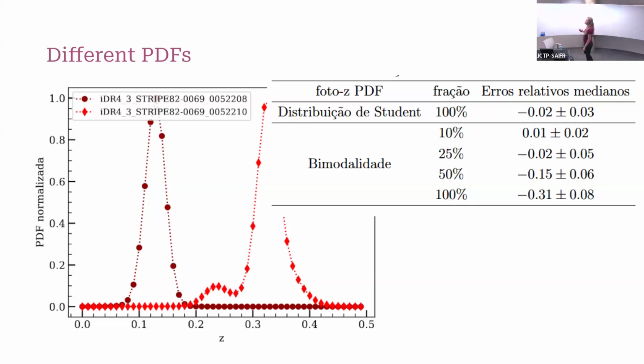For the larger wings, we use a Student's t-distribution. And we found that even if all the galaxies are affected by this behavior, we only lose about 2% of the richness, which is okay. But bimodality becomes more problematic if it's affecting more than about 12% of the sample.